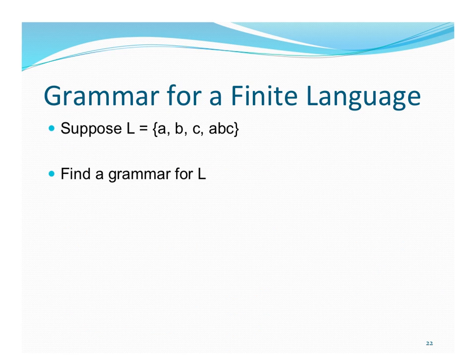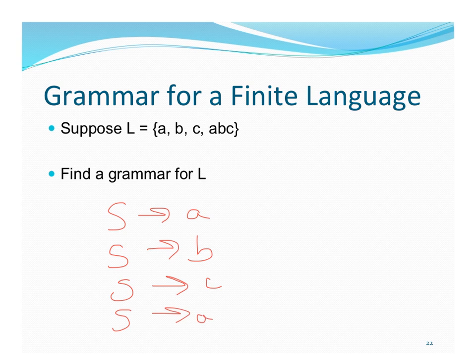Now, finding a grammar for a finite language can be really simple, right? So a grammar for this particular language here could be as simple as S goes to A, and S goes to B, and S goes to C, and S goes to ABC, right? So there's a grammar for L. I haven't expressed it as a four-tuple, of course.